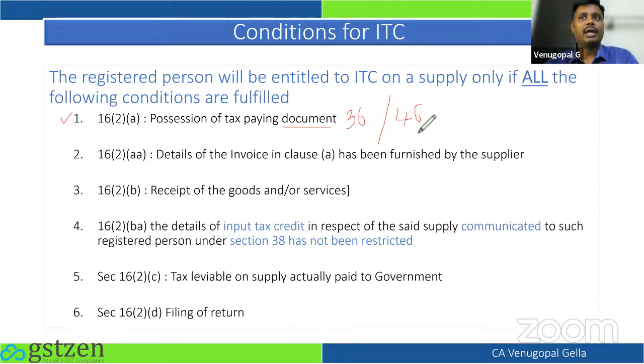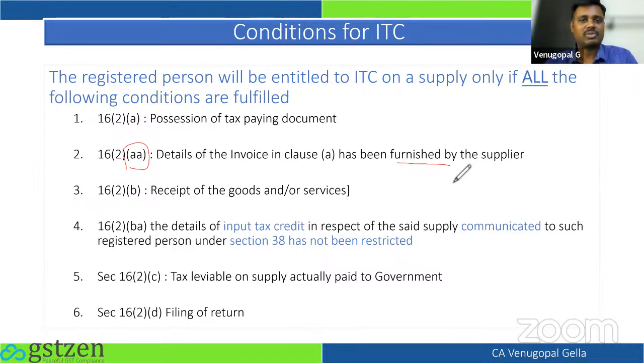The new addition in the input tax credit is section 16 subsection 2 clause AA, wherein it speaks of the invoice details. It's not enough that you have the invoice; the supplier should have furnished the invoice details, which we will again see in rule 36 sub rule 4.